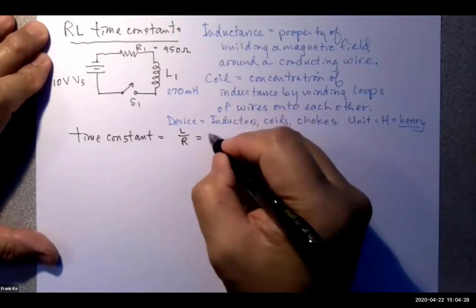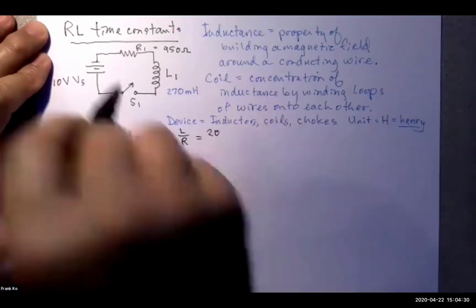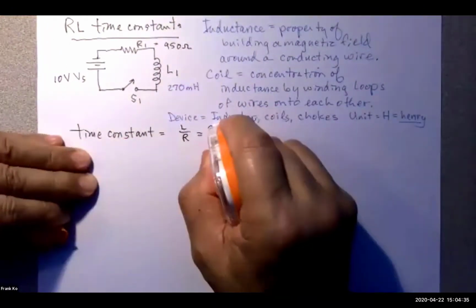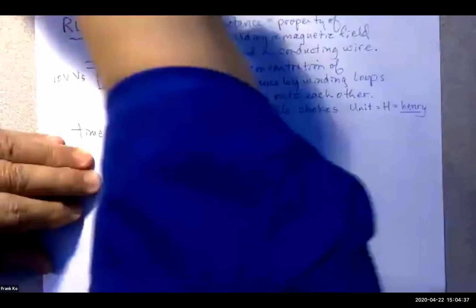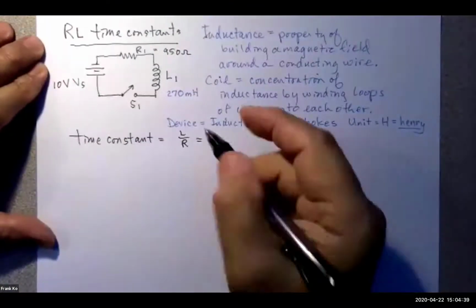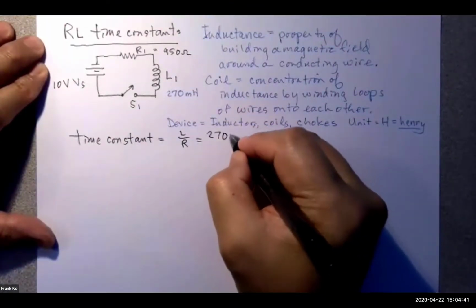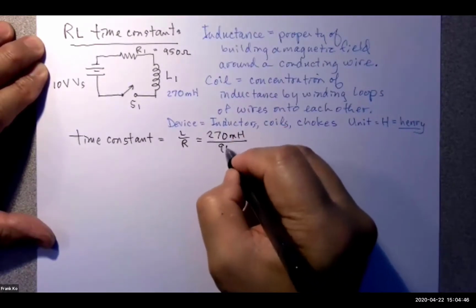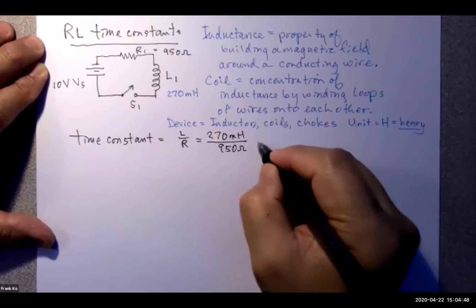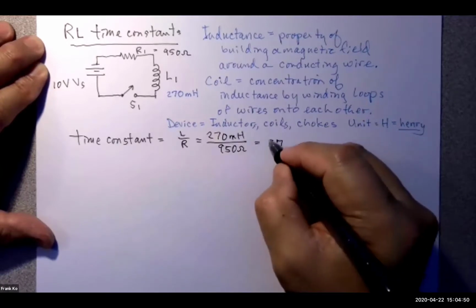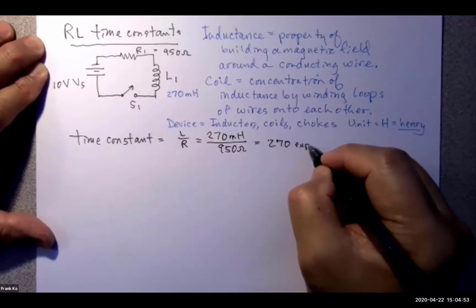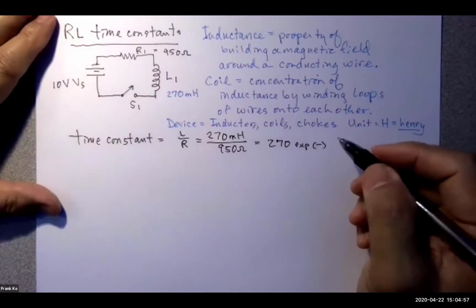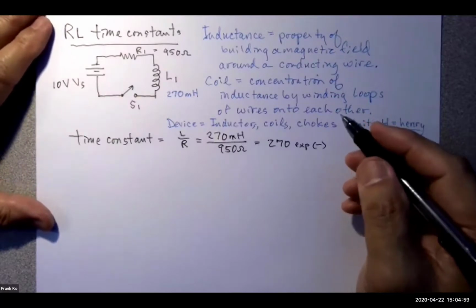And so in this case it is equal to 270 millihenries divided by 950 ohms. So that's 270 exponent, change sign, and Wenbin, milli is what power of 10, my friend?